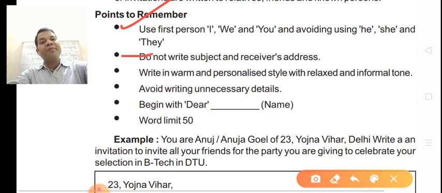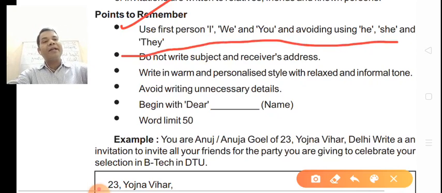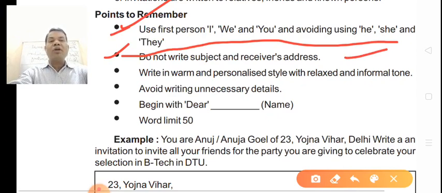You must keep it in mind, dear students, while writing an informal invitation, we should use first person I, we, and you, and we should avoid using he, she, and they. Do not write subject and receiver's address. You are not supposed to write subject and receiver's address. Must keep these points in mind.